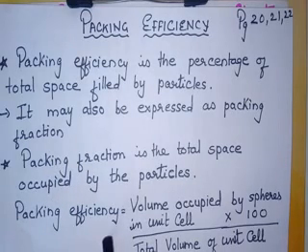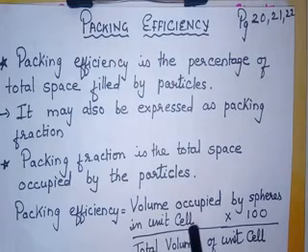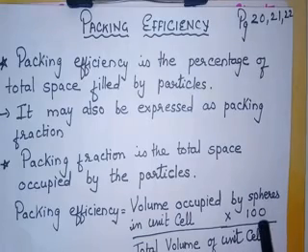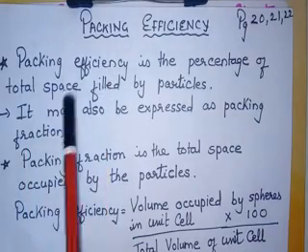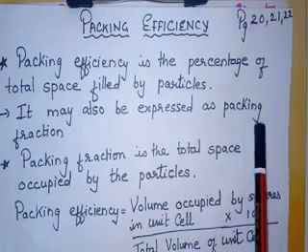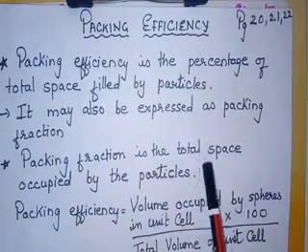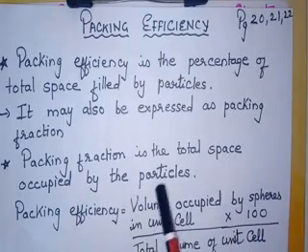Packing efficiency is equal to volume occupied by spheres in unit cell divided by total volume of unit cell into 100. Packing efficiency may also be expressed as packing fraction. Packing fraction is the total space occupied by the particles.